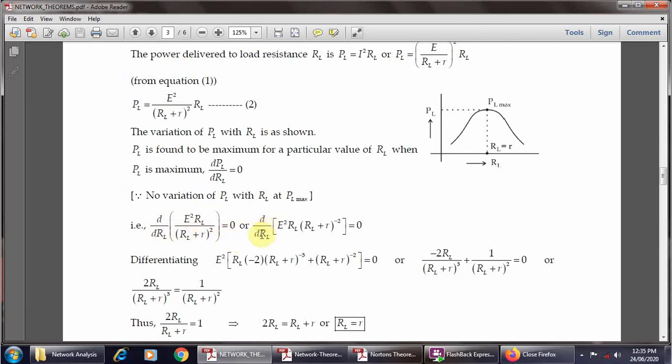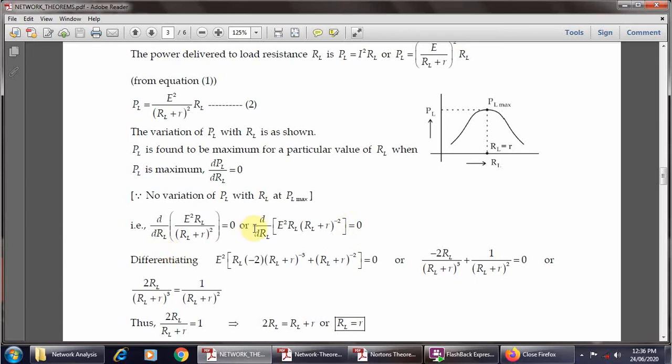Therefore d by dRL of E square RL into (RL plus R) square, moving from denominator to numerator, its power becomes negative. Therefore E square RL into (RL plus R) raised to minus 2 is equal to 0.